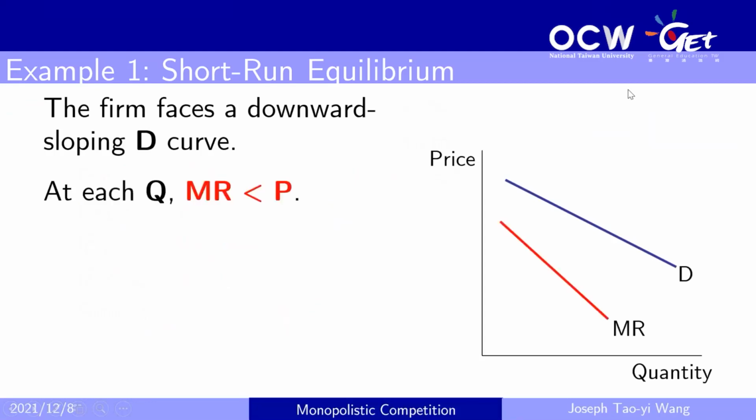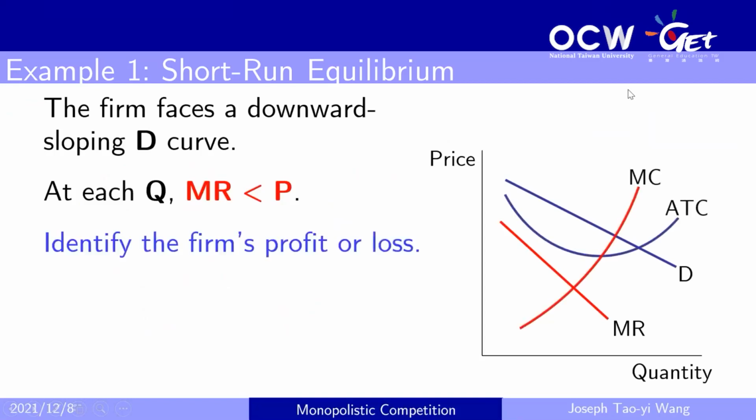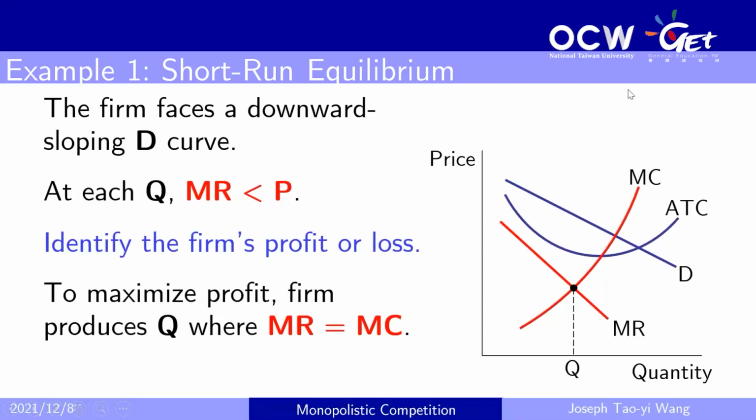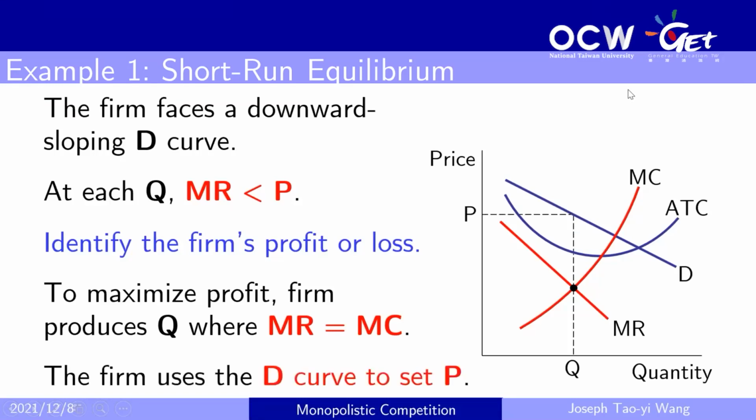Because of this, the marginal revenue is always below price, below your demand curve. So what you do is find what quantity you want to produce and sell. MR equals MC, so here, this is the quantity I want to sell to maximize my profit. Then I go up to find the price I'm going to charge.